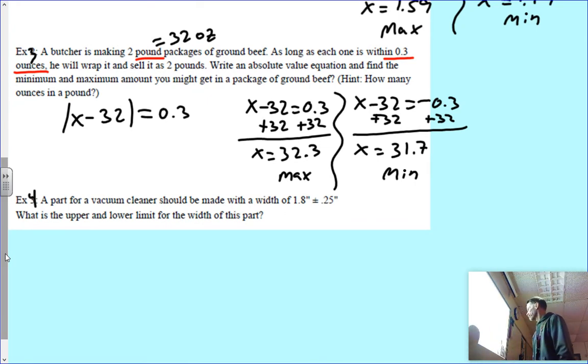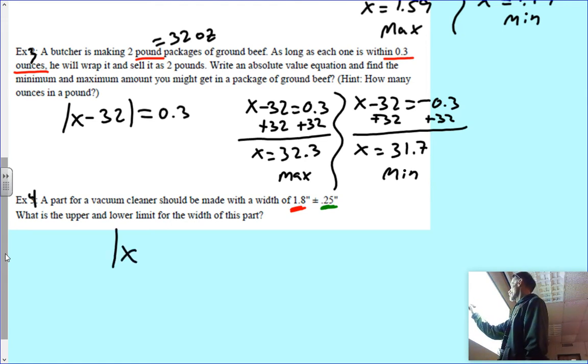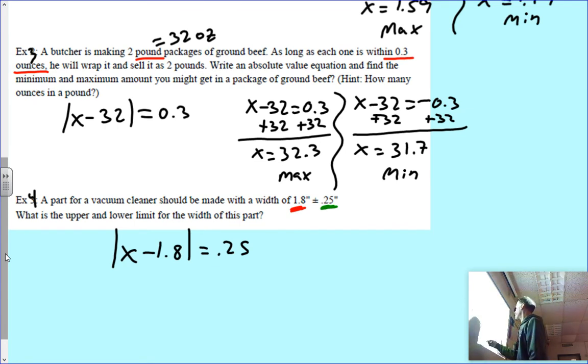Last question, and this is another way you can see it written. Again, the 1.8, that's what I want. And the 0.25, don't really worry about the plus or minus, because we're going to do that when you solve the equation, but that 0.25 is your tolerance, your variance. So again, write the equation, always the same format. And then we can solve.